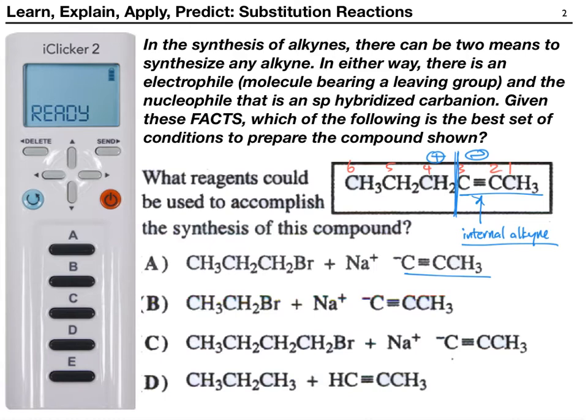The alkyne becomes the nucleophile after it's deprotonated. The alkane is the electrophile. So I'll give you another minute or so to consider putting in the name of that alkyne and the name of the alkane before I put it on the slide.